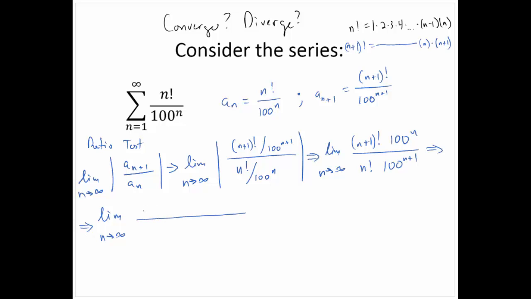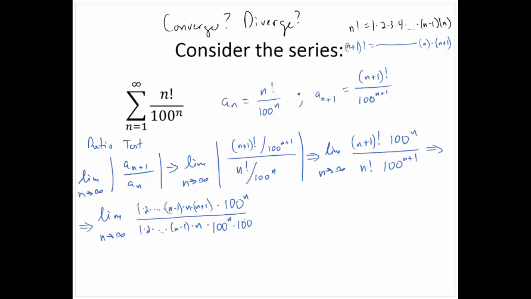N plus 1 factorial, 1 times 2 times ... times n minus 1 times n plus 1. And then I have 100 to the n. In the denominator, I have 1 times 2 times ... times n minus 1 times n. And now I have 100 to the n plus first power in the denominator. Well, 100 to the n plus first power is 100 to the nth power times 100.